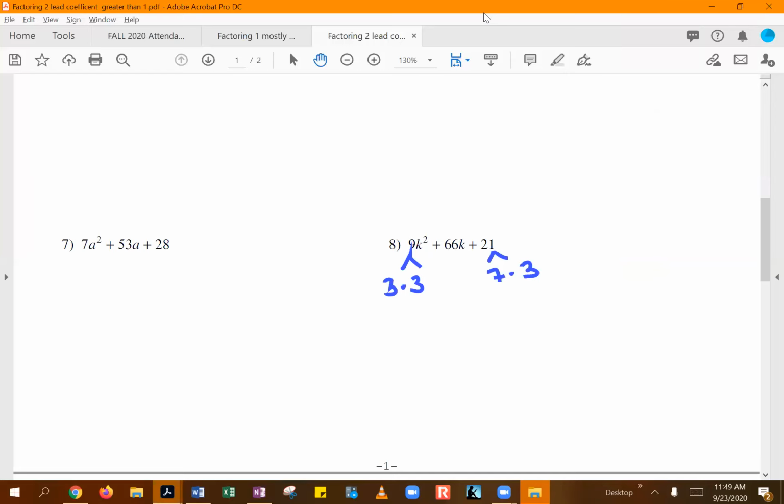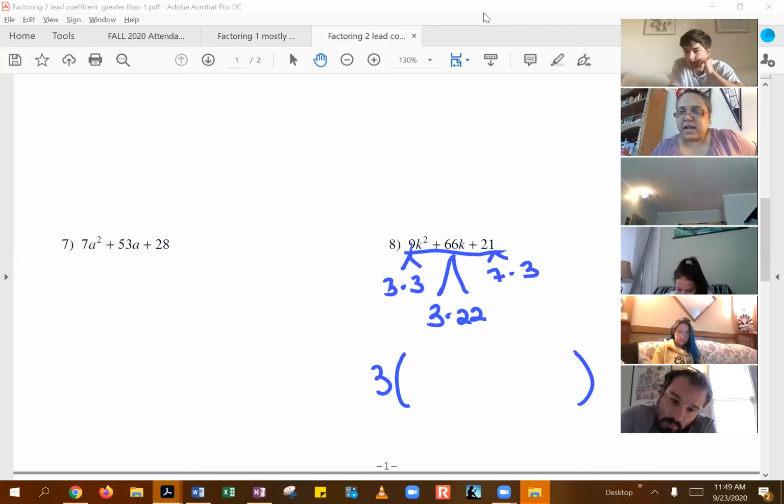Now, 66 has many different combinations, but I am seeing a number 3 being common between the first and the last one. So you can actually take 3 as a common factor out from that 66. Even though it may not seem obvious, you can take that 3 outside as a greatest common factor, and then you can simplify it.